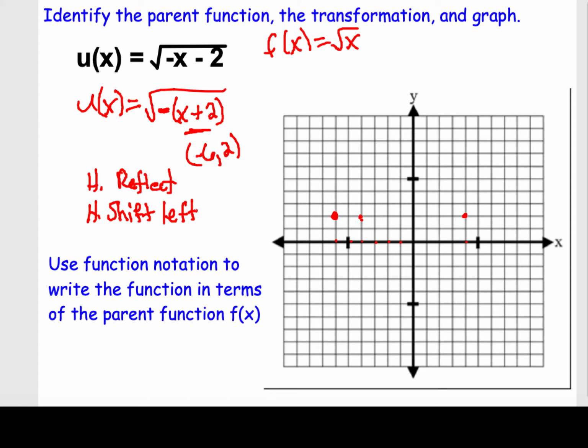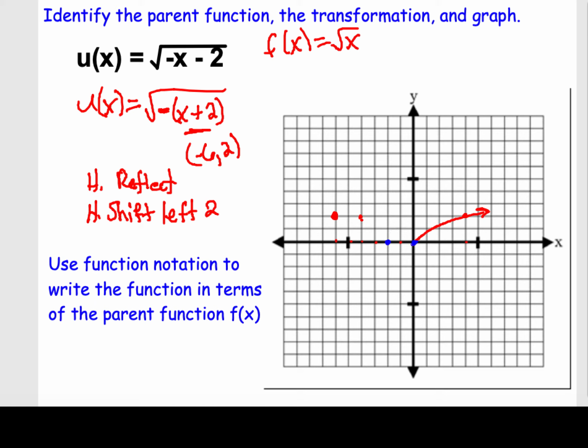Remember, addition inside goes backwards 2 units. So it used to be, right, a square root function going out this way. Well, I'm going to horizontally shift it left 2 units.